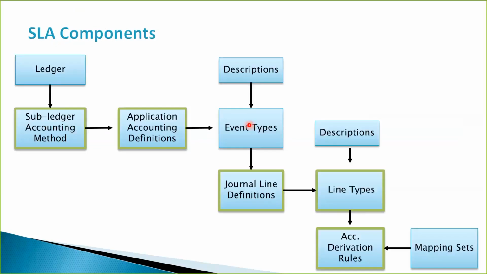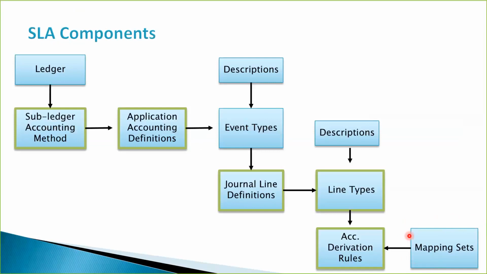Just to emphasize, a mapping set is an optional component. So we use a mapping set, like we have said, in a situation such as whereby the conditions are very complex that you want to attach to your account derivation rules. So you just use a mapping set instead to define your conditions.